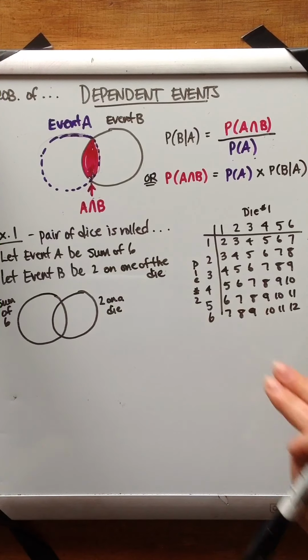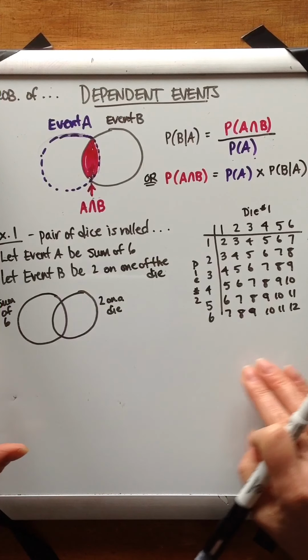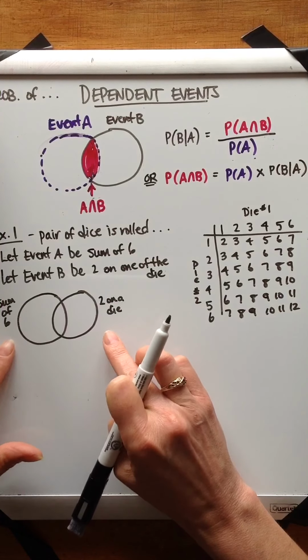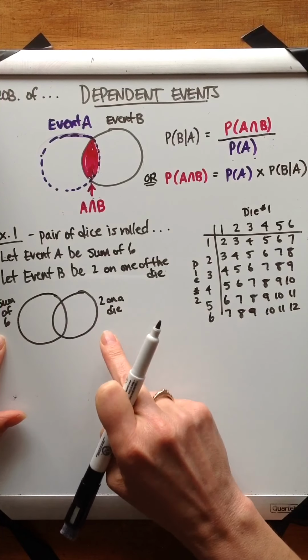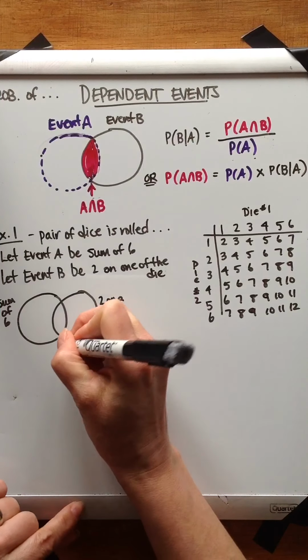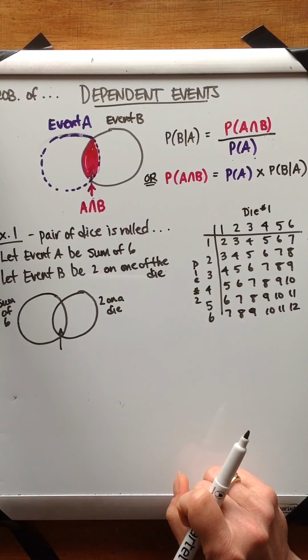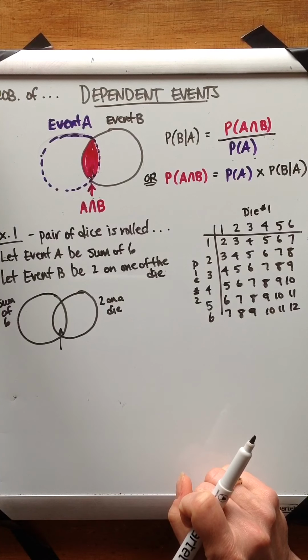So I'm going to show visually a couple of ways of representing this scenario. I can show event A and event B like this, where event A is the sum of 6 and event B is 2 on a die. And then we have the overlap region here where you have the sum of them being 6 and there being a 2 on a die.